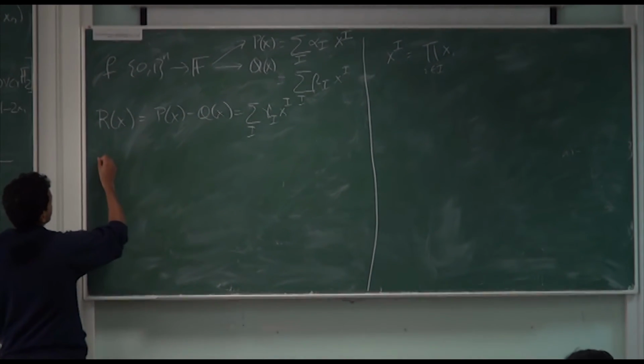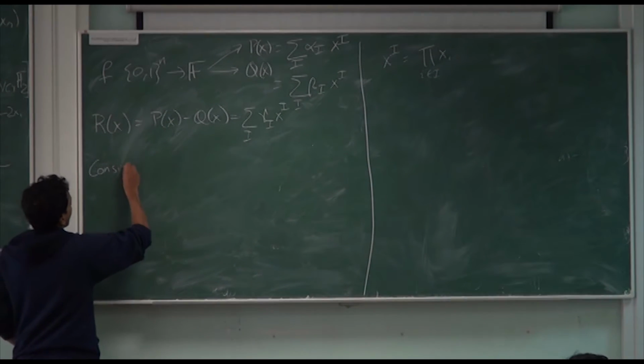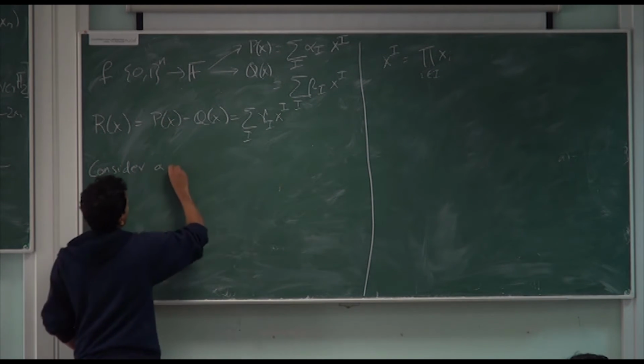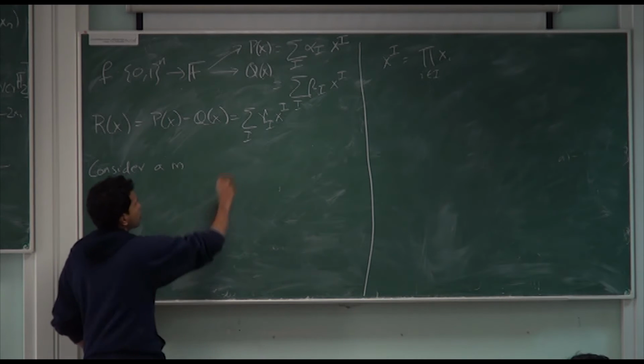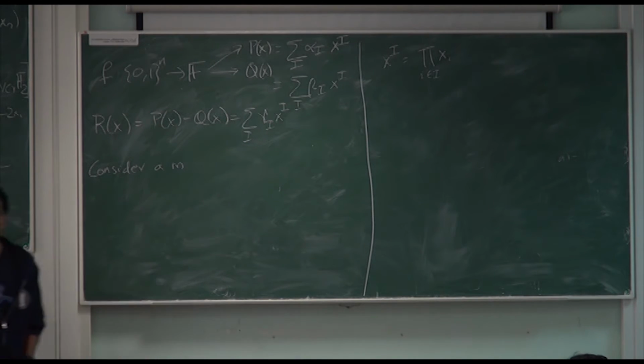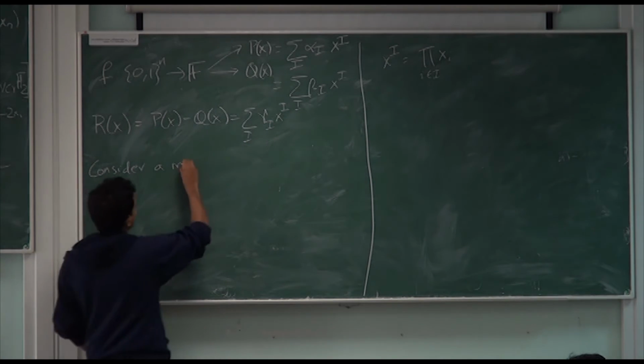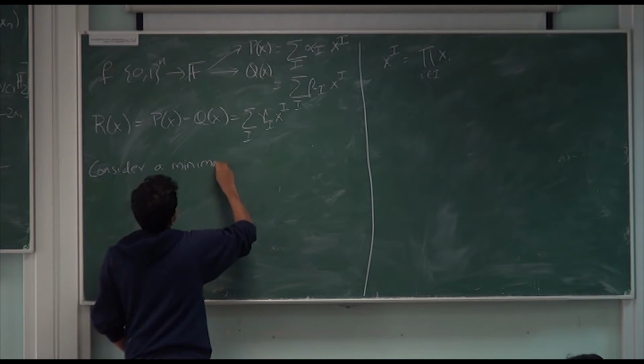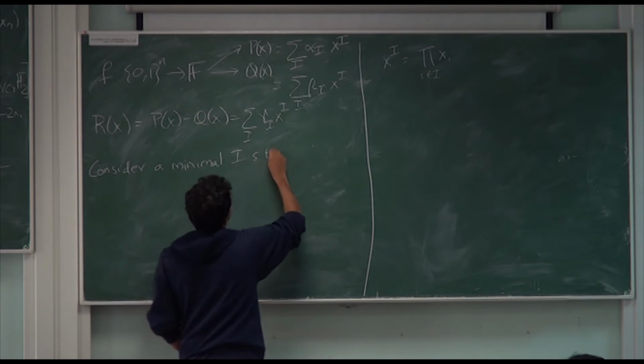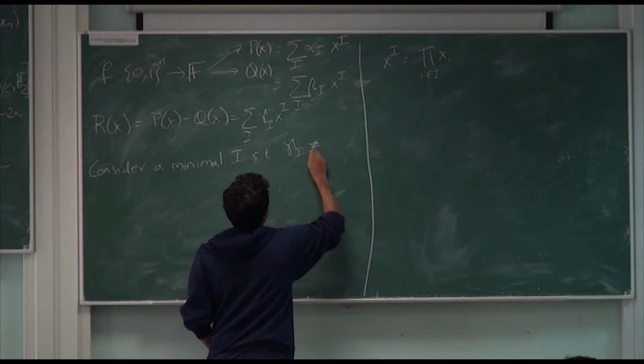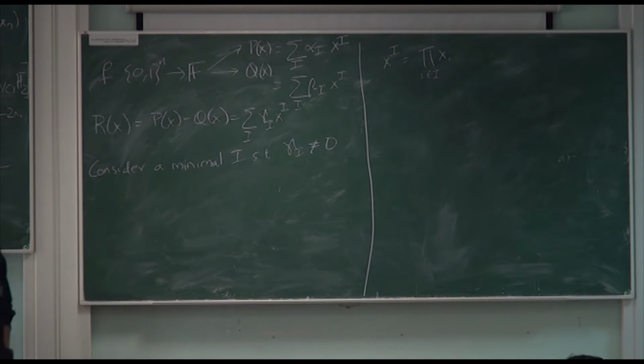Well, here's a simple argument. So consider a minimal, so I'm assuming that R is a non-zero polynomial, so at least one of these gamma I's better be non-zero. So consider a minimal such. And here by minimal I mean minimal with respect to inclusion.